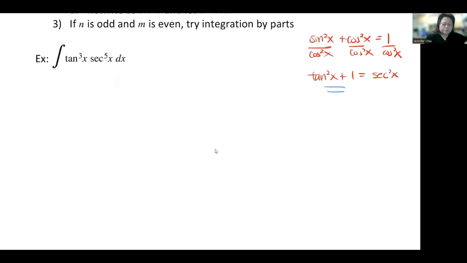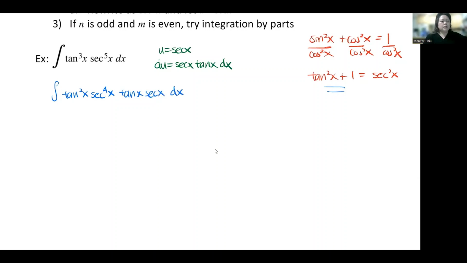So let's see. If I set up u as my secant, so sometimes knowing what to set up as your u and your du helps you separate the trig functions into better powers to work with, right? So you have your du is secant tangent. Okay, so let's see. That means I need one of each, right? So I need to save one. So I get tangent squared, secant to the fourth, and I have tangent secant dx.